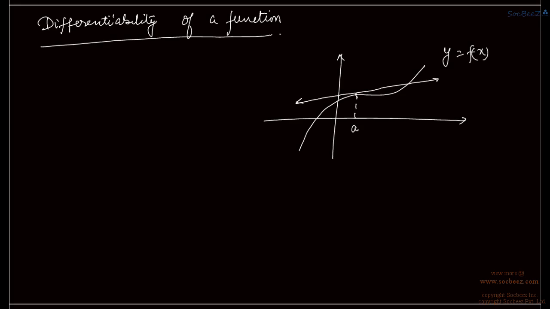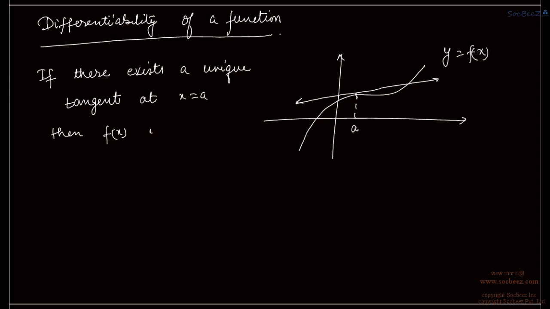If there exists a unique tangent at x = a, then f(x) is said to be differentiable at x = a, right? So a function is differentiable at x = a when we have a unique tangent at that point, right?